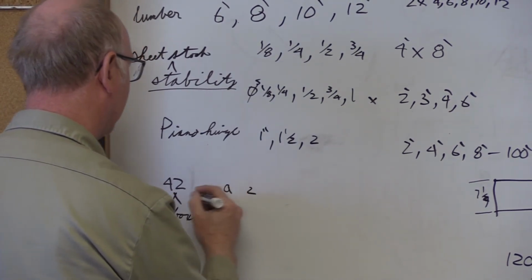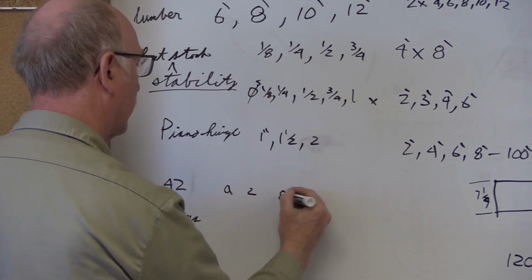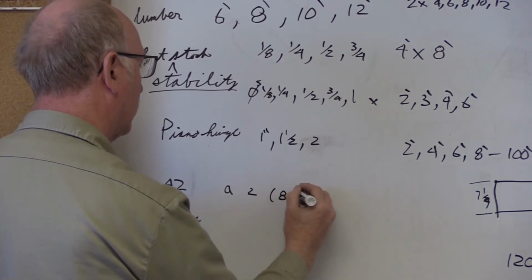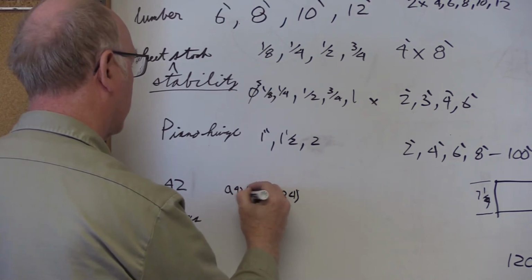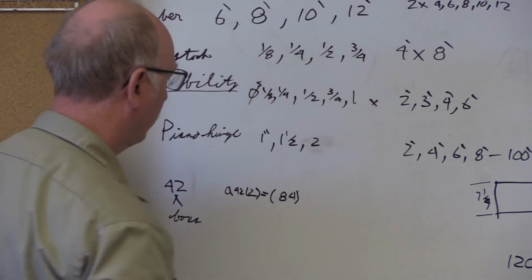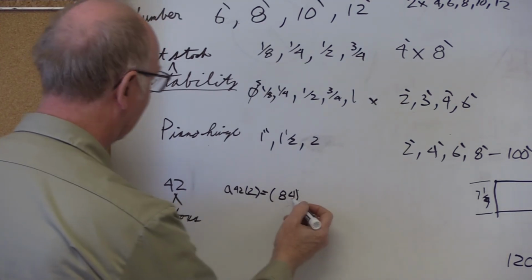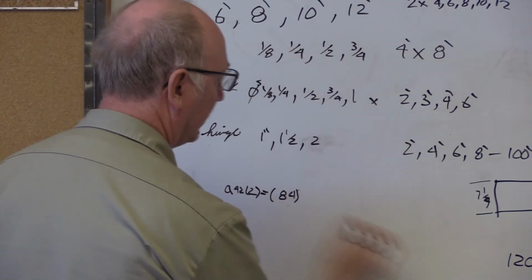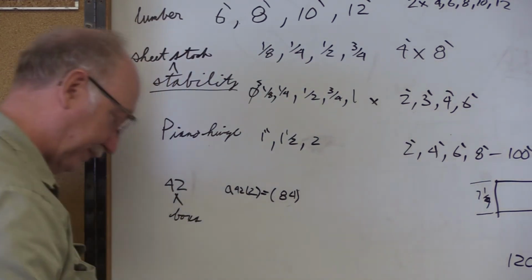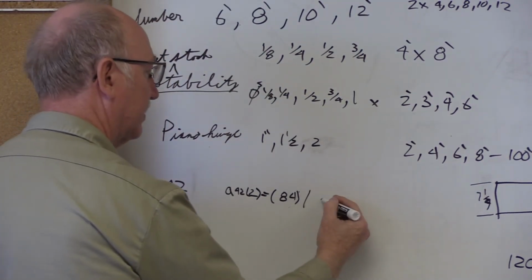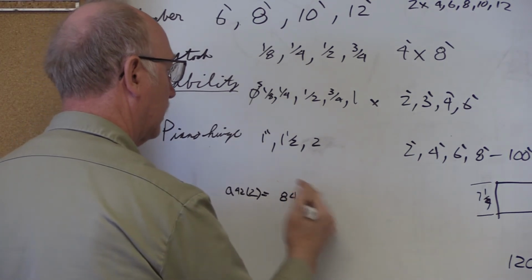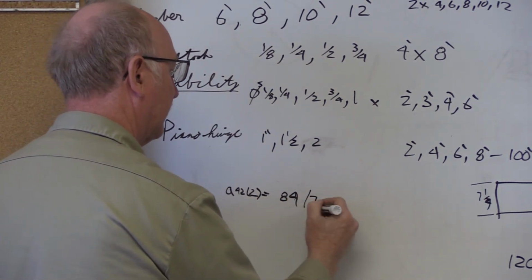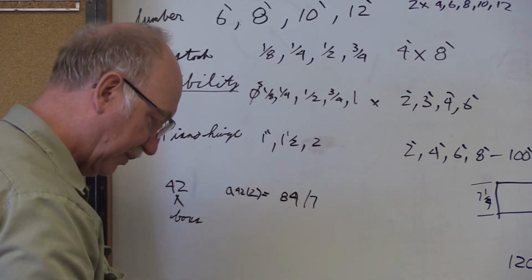So 2 times 42 is 84. So we need 84 pieces. And 84 divided by 7. We don't need parentheses on that. 84 divided by 7. So we get 7 pieces per board.